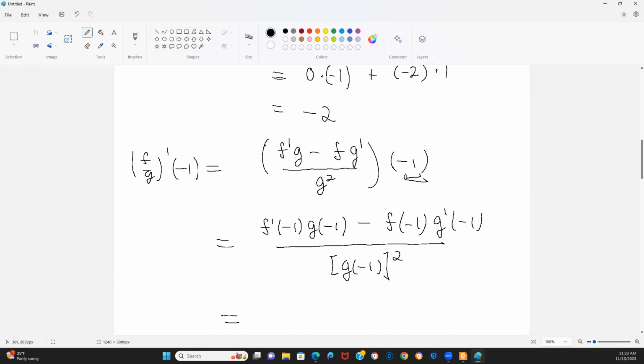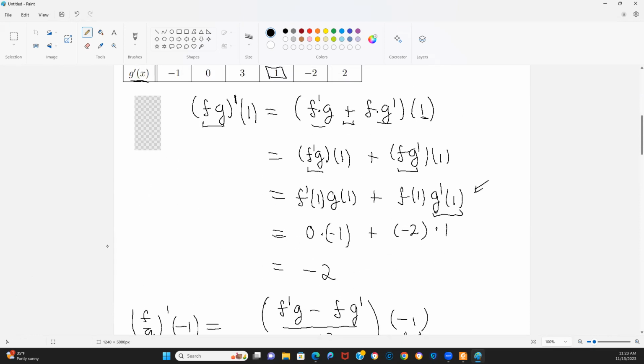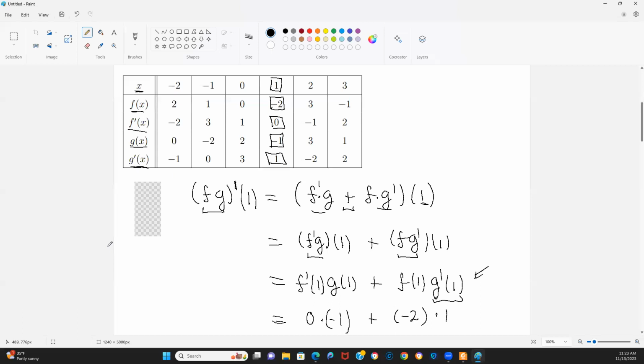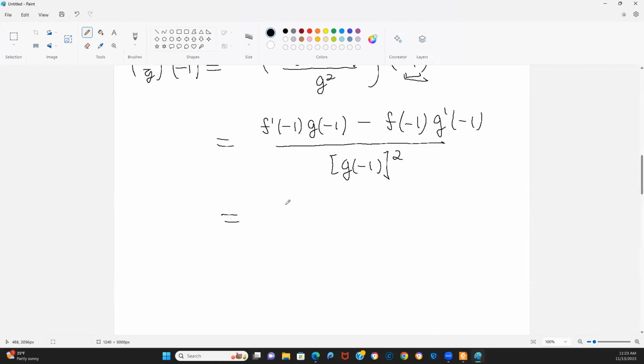I don't have the table right. Let's see. Everything's going to -1. So now we're looking at this column. So f prime of -1 is 3. I'm not going to keep scrolling up. I'll just let you look at the table and I'll read off the values.